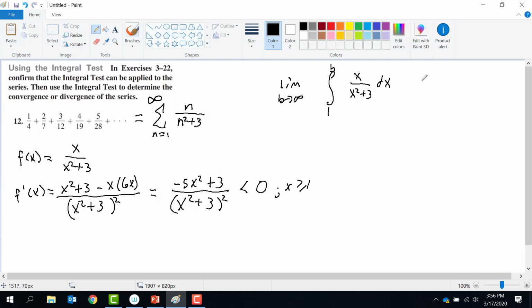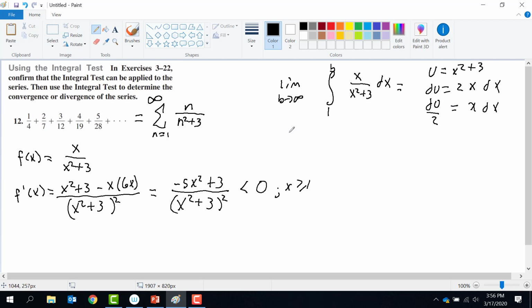This one you should recognize that you can do a u substitution. No need to use partial fraction decomposition or anything like that. The simplest technique is best, and u is x squared plus 3, and then du is 2x dx. We solve for what we have. We have x dx, so then x dx can be replaced with du over 2.